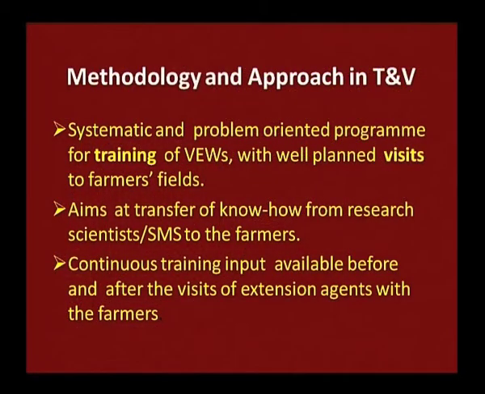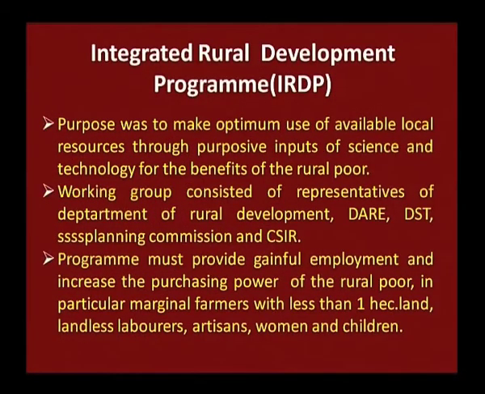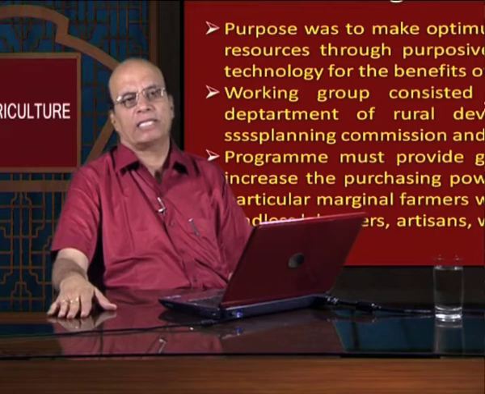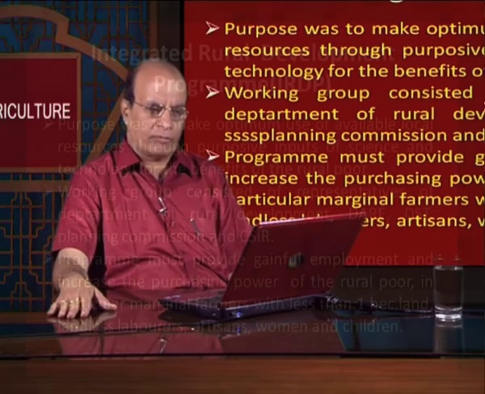The purpose is to make optimum use of available local resources through the purposive input of science and technology for the benefit of the rural people. Rural people are not aware, and therefore there is a dire necessity of integration of all the programs in the villages.